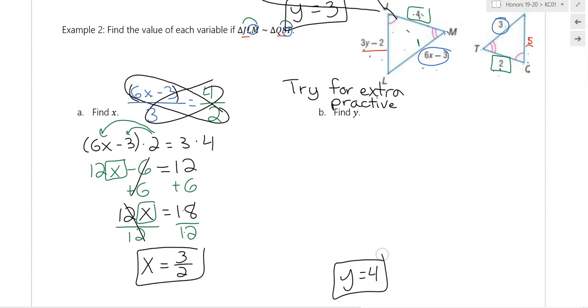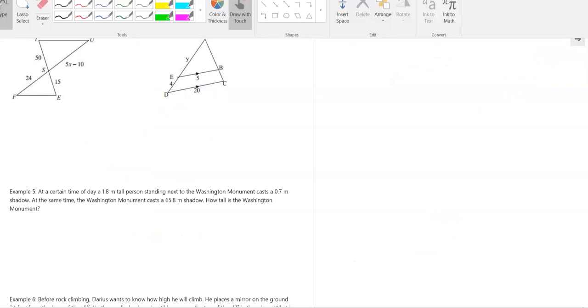So I would try that one. Make sure you understand what you're doing and come in tomorrow. If you did not get y equals 4, ask first thing while you're working on your bell ringer what went wrong. Okay? All right, go ahead, turn to the next page.